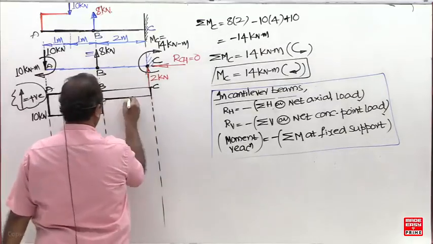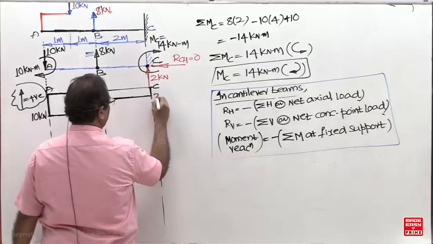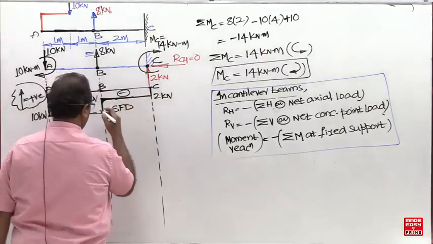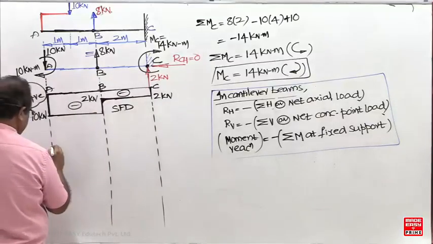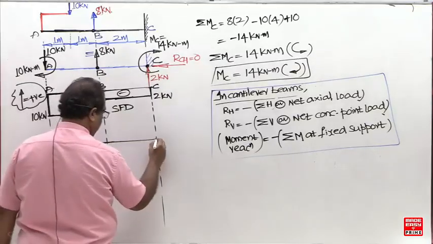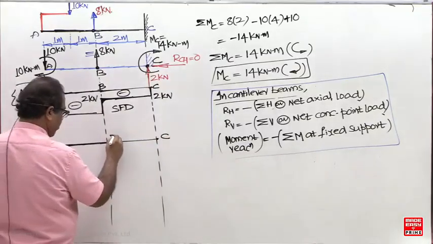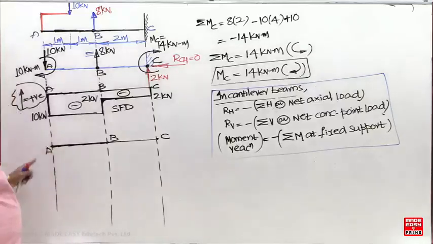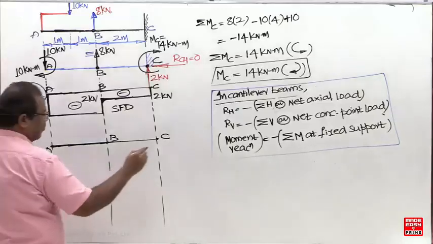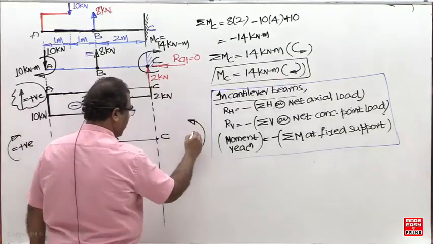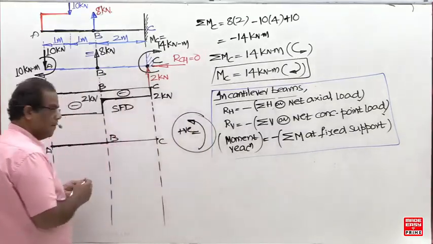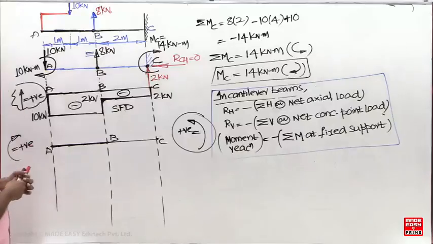Now for the bending moment: anti-clockwise, clockwise, clockwise, positive.